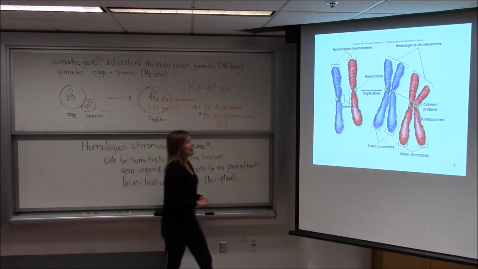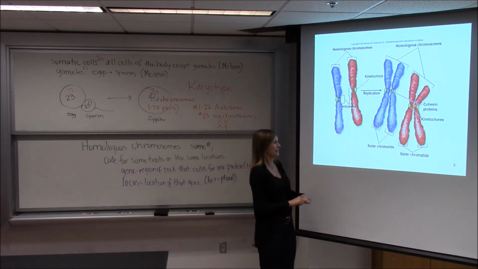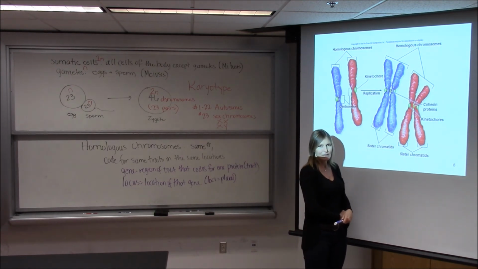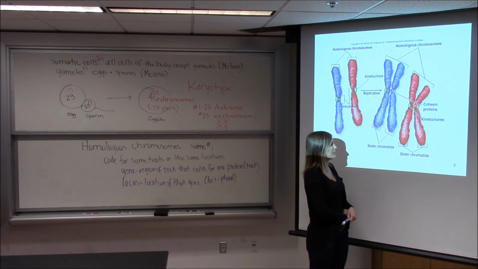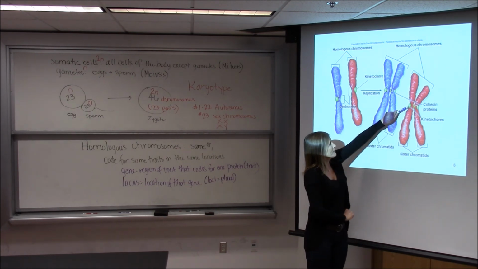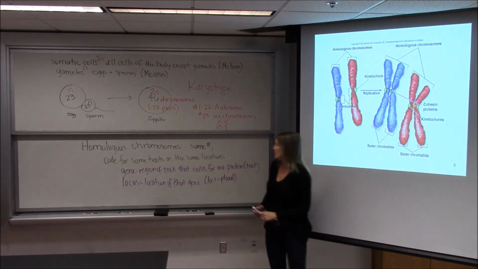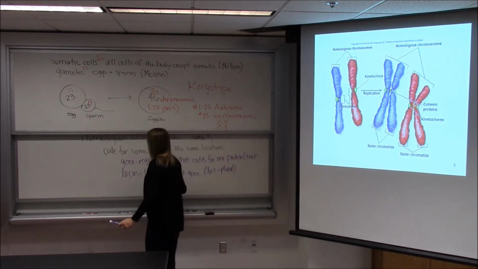We're going to have some other terms that are important to know too. Cohesion proteins attach the sister chromatids until we're ready to pull them apart. There are some ring structures on each sister chromatid called kinetochores. So let's go back to our picture.